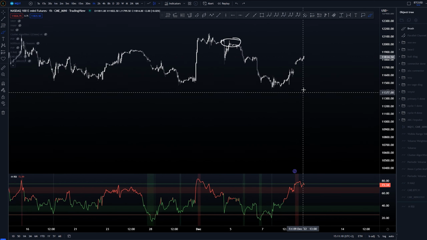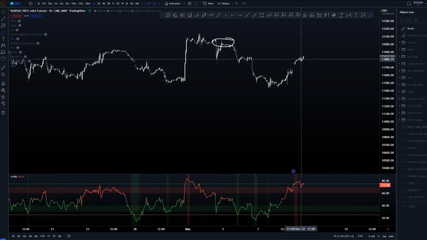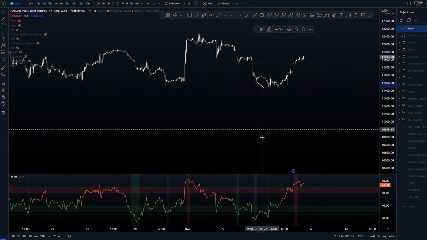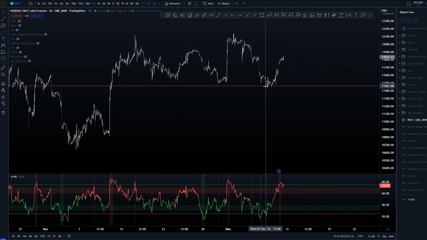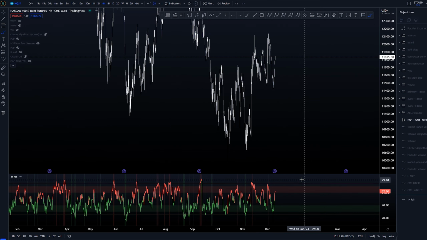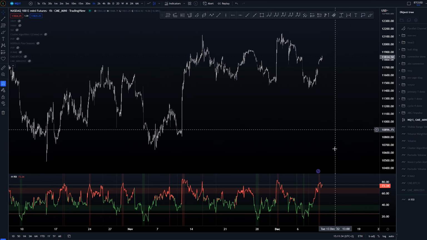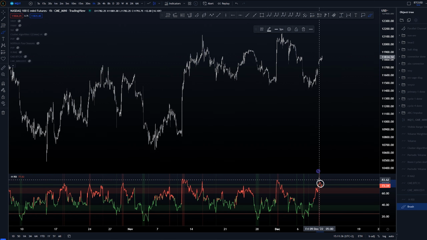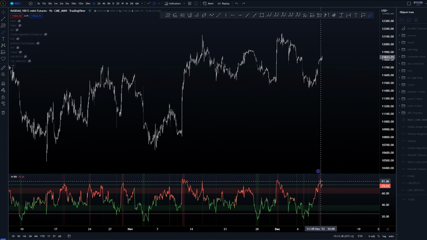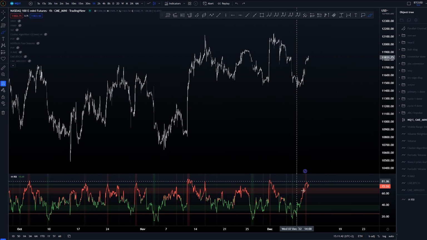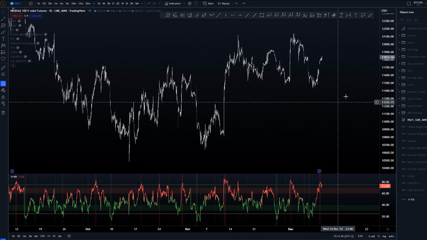We do get some very minor divergence at the current highs, and we also did get that divergence at these lows. On 4 hours, we did not yet get a sell signal, but we might not get one if this is too small of a time frame. On 1 hour, we are getting alerts basically saying that we are very much oversold on multiple indicators.